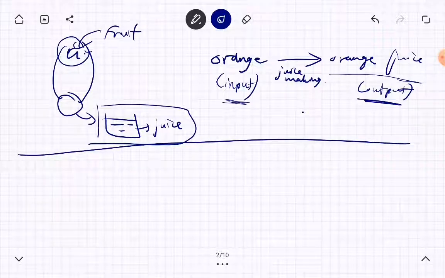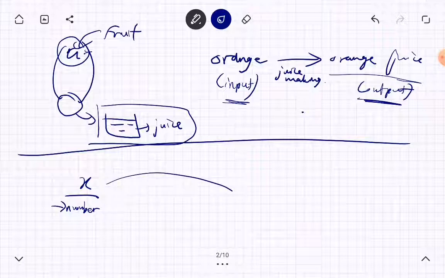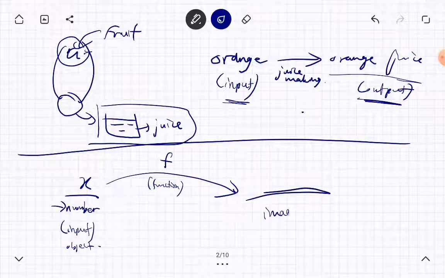Then we can do this with numbers also. What we are interested in our syllabus is that we are going to put in a number. So this x is one number, and we put it into this function f. This is our input or object, and then we are going to get an image, or output. I'm leaving this blank because I'm going to talk about the notation.